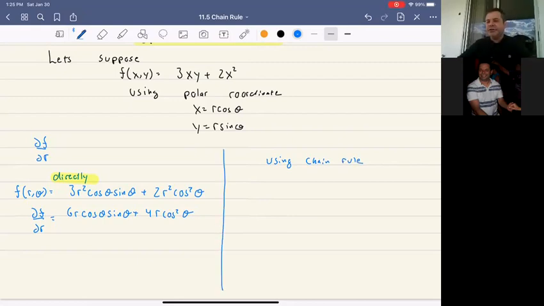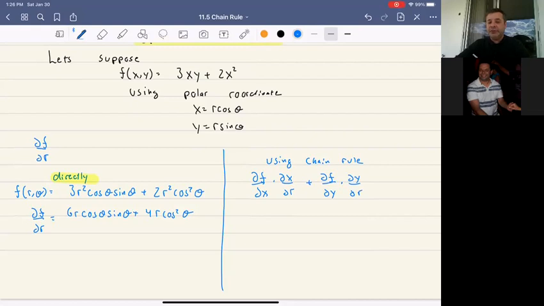If we use the chain rule, it's going to be the partial of f with respect to x times the partial of x with respect to r, plus the partial of f with respect to y times the partial of y with respect to r.